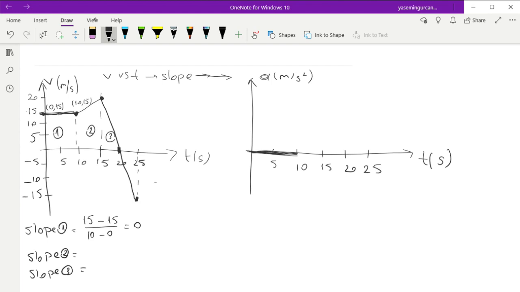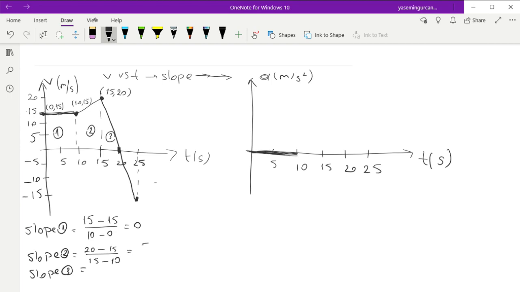So for region 2, the slope is going to be calculated between these two points, and the last point is going to be on the axis at 15, and the y value is 20. So y2 for region 2 is 20 minus y1, which is 15, divided by x2, which is 15, minus x1, which is 10.